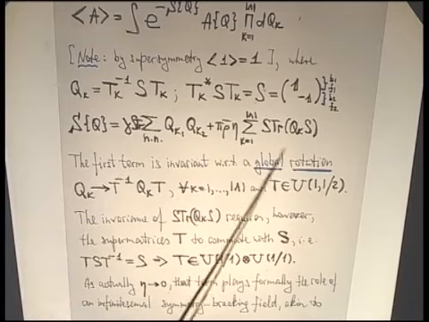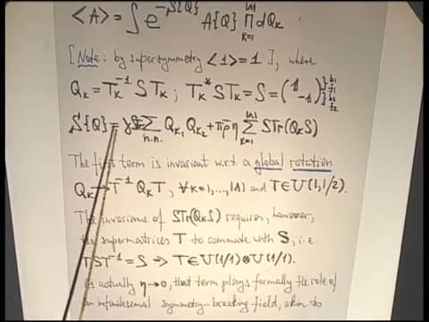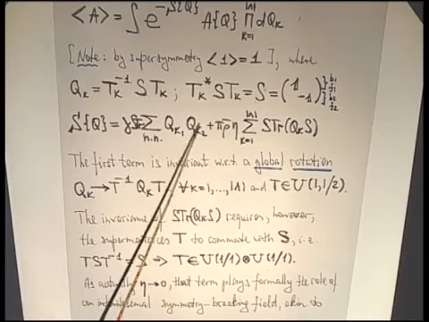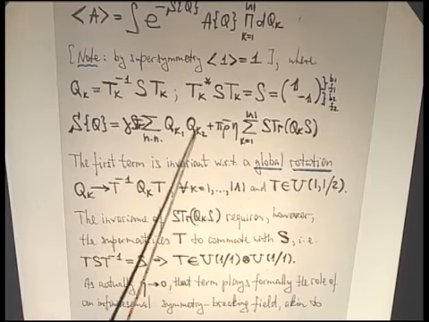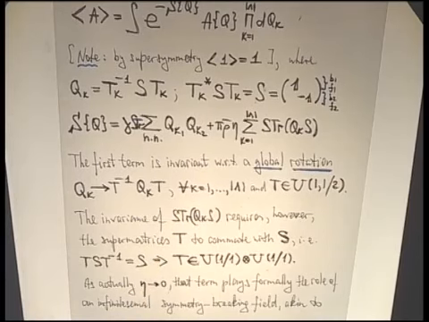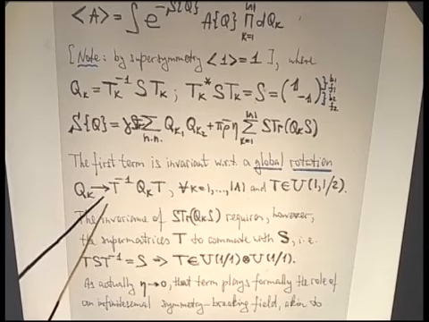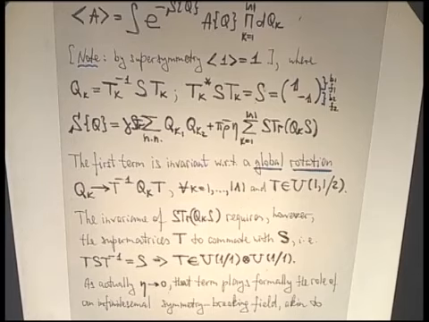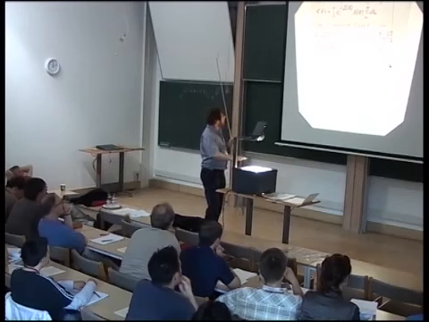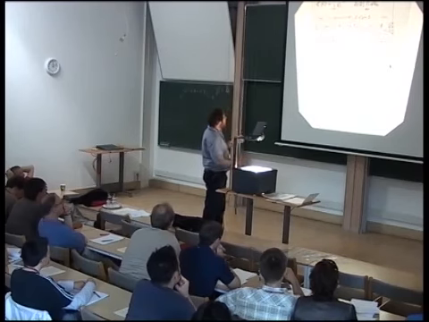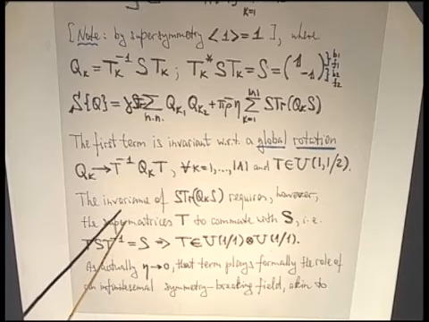If you forget about the second term, then the supertrace of the product of two Q matrices is invariant if we conjugate both of them simultaneously with the same matrix T. Therefore, if we make this rotation at all points of our lattice simultaneously, this is a global symmetry of the first and main term in our action.